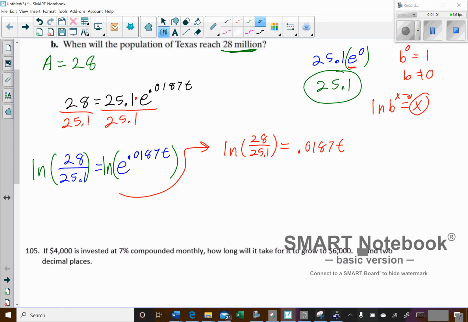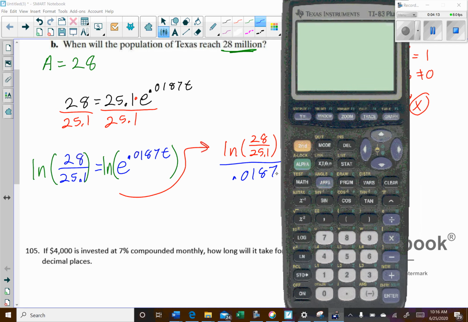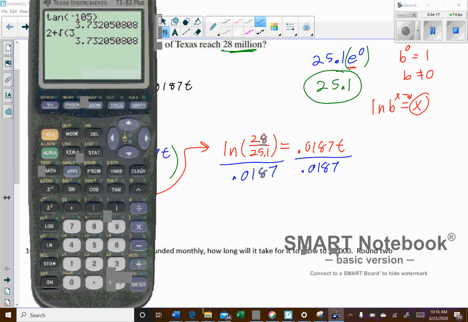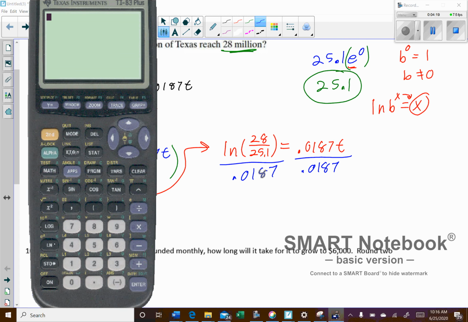And then the last step we have to do here is divide both sides by 0.0187. Okay? And at this point, the calculator is going to take over. Here we go. So I've got to take the natural log of 28 divided by 25.1, close it.